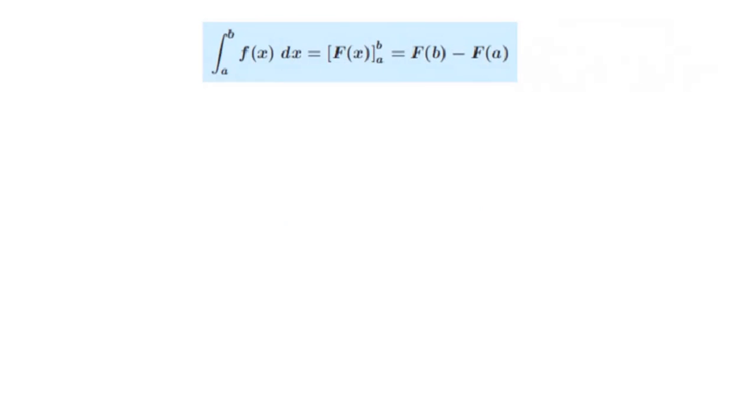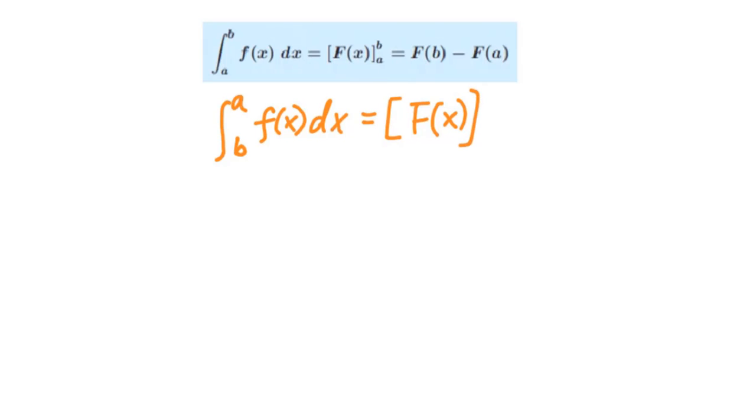According to this formula, we can get property 1 of a definite integral. What if we have an integral from b to a, f of x dx? Then we have capital F of x from b to a, that equals F of a minus F of b.